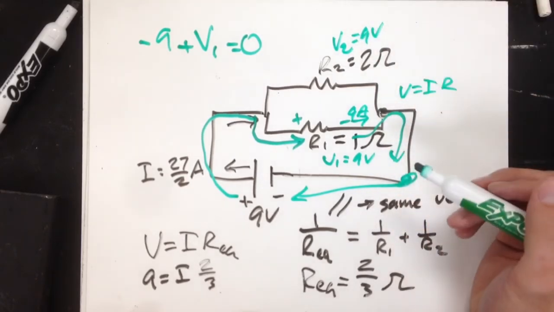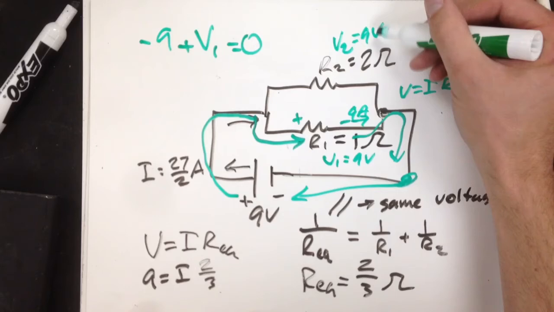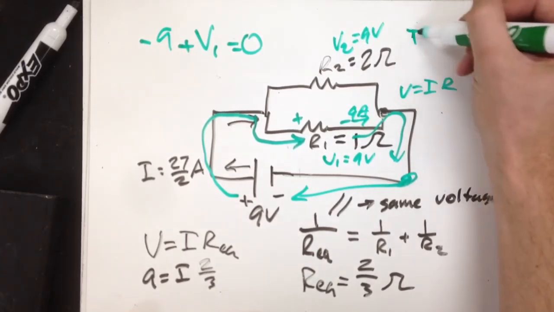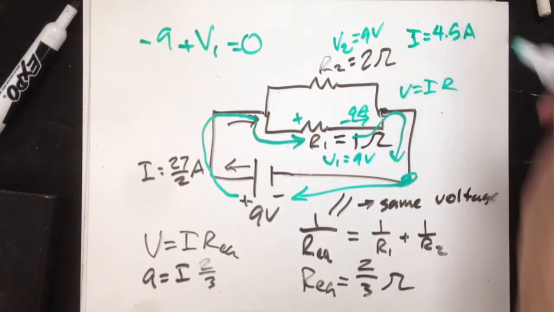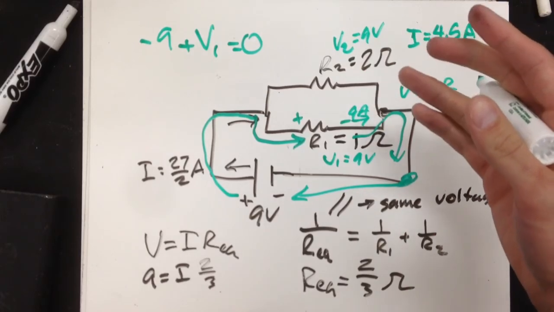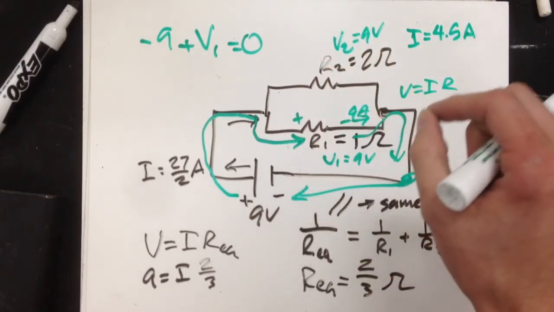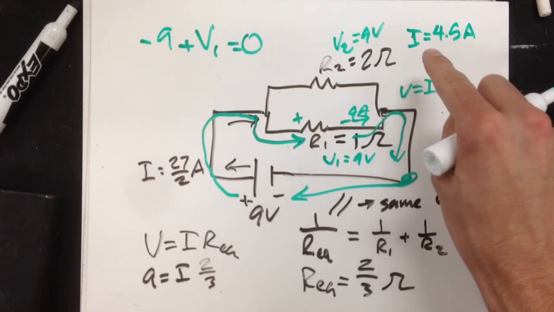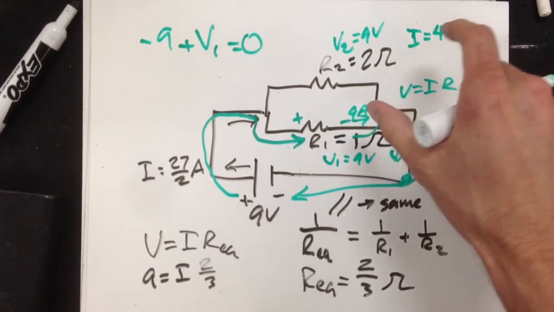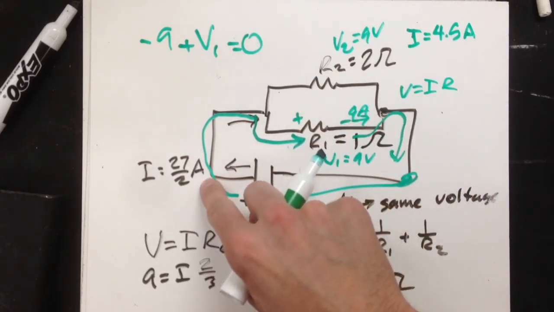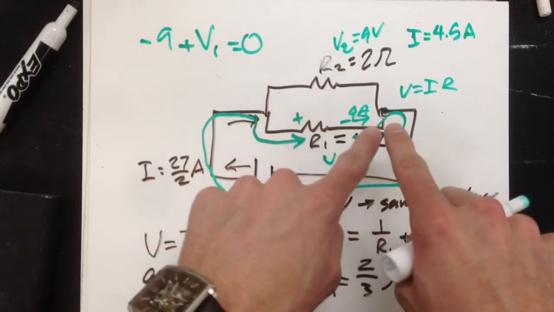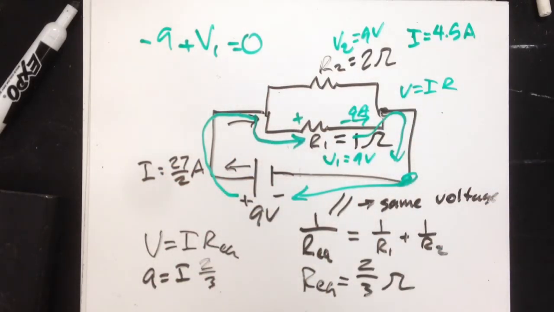Well, if I use V equals IR up here, voltage is 9, resistance is 2, and so I would get a current of 4.5 amps. More resistance, less current, because current wants to take the path of least resistance. Now, if you had to venture a guess of what 4.5 plus 9 was, spoiler alert, it's going to be 27 over 2. I have 27 over 2 flowing in. Those two currents added together will equal 27 over 2 flowing out.